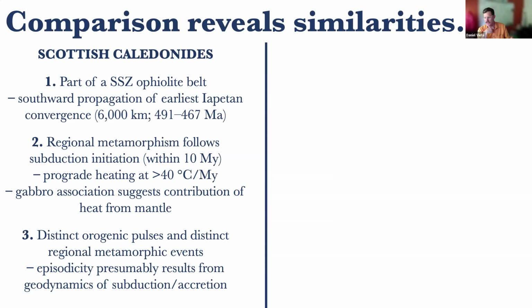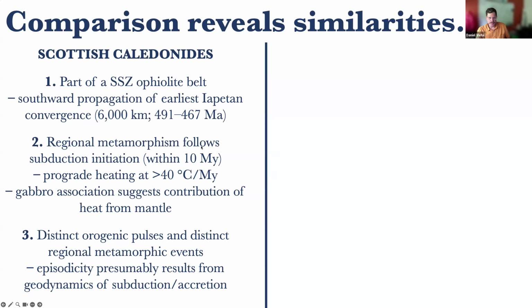From the Scottish Caledonides and the broader Appalachian-Caledonian system, we see that there is a supra-subduction zone ophiolite belt, which we interpret to record southward propagation of subduction initiation and earliest Iapetan convergence over 6,000 kilometers of the Iapetus Ocean between about 491 and 467 million years ago.